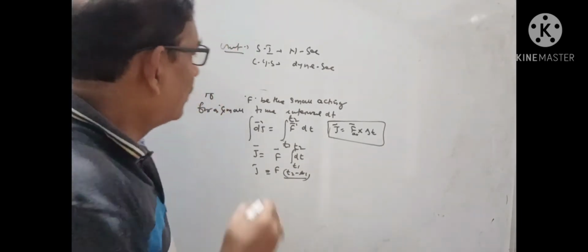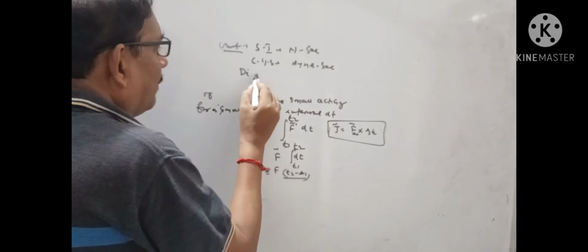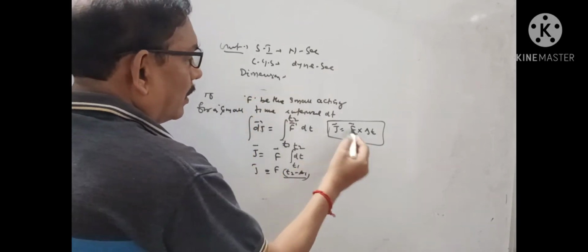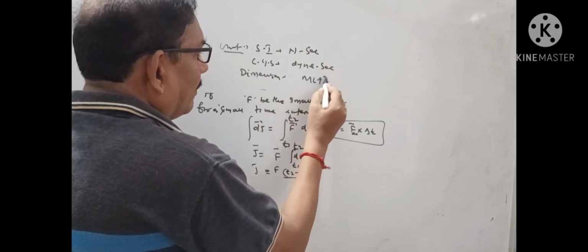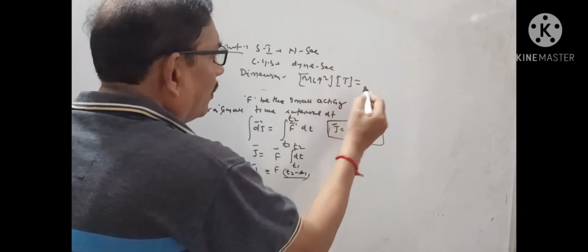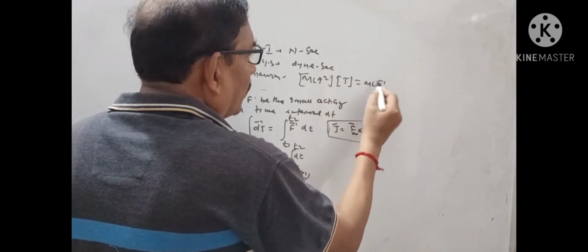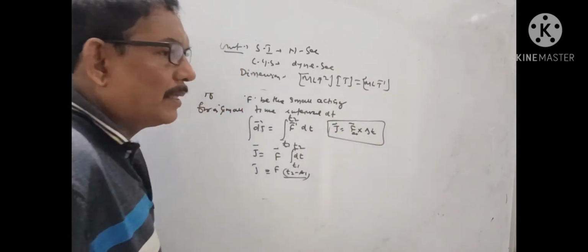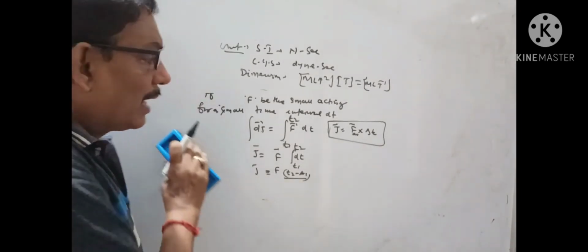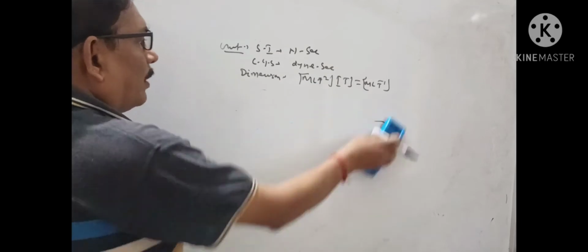Now, dimension. Dimension of impulsive force or impulse is M L T^-2 into T. I simply give you M L T^-1. It is also the same dimension as momentum. Clear?